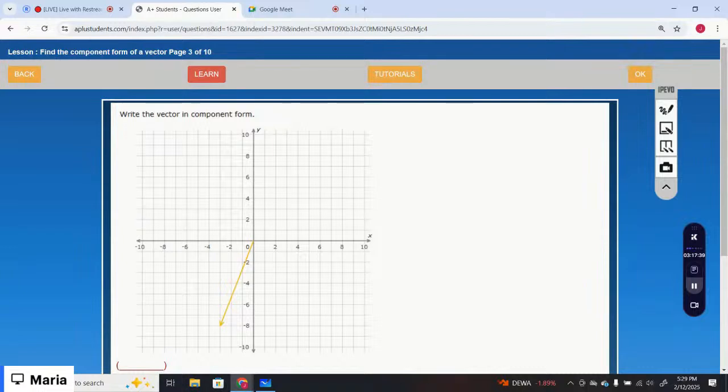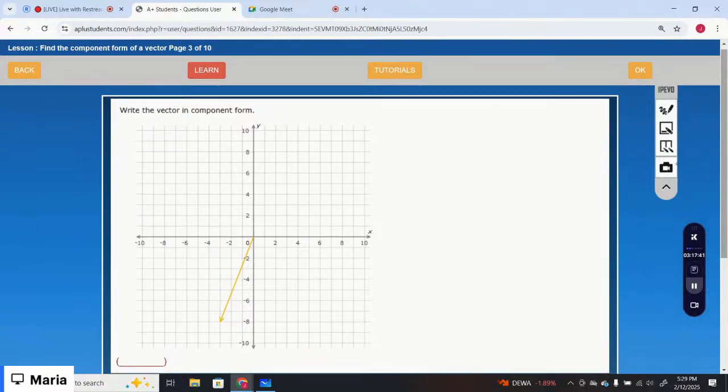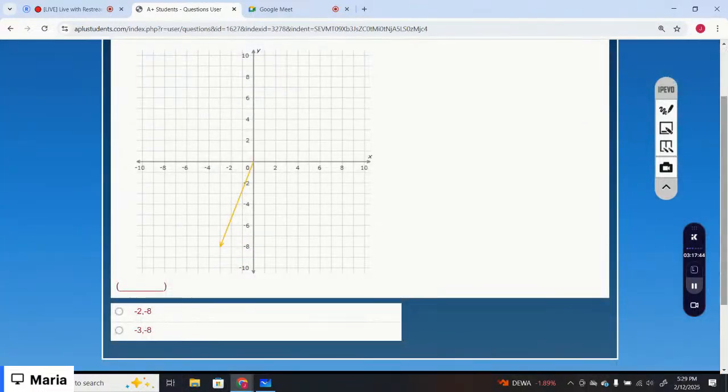Write the vector in component form. So which is the correct option? Find the component.